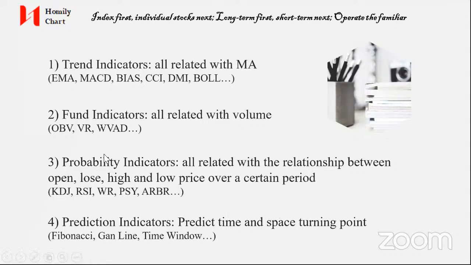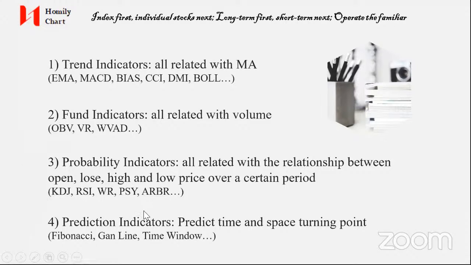Then probability indicators are usually related with the relationship between the open price, the close price, and the high and low price over a certain period. For example, we have KDJ, we have RSI, WR, PSY, ARBR.